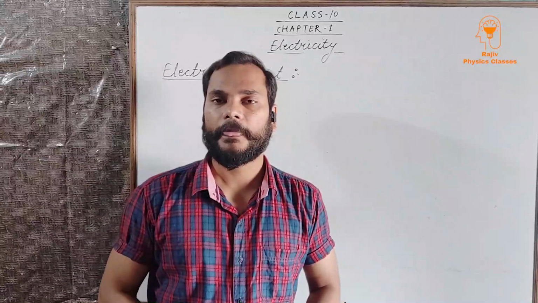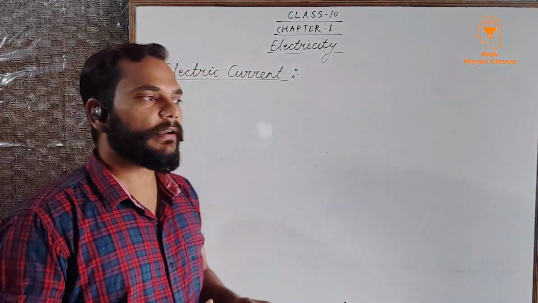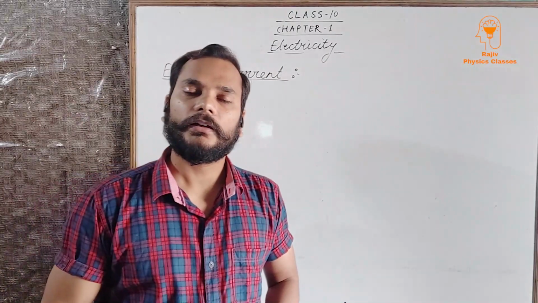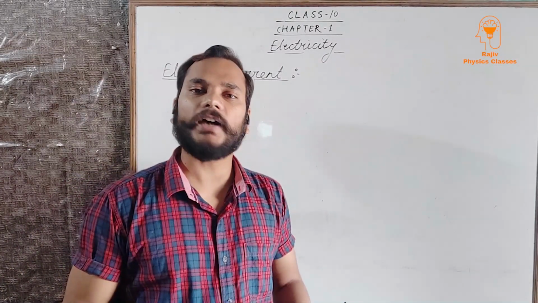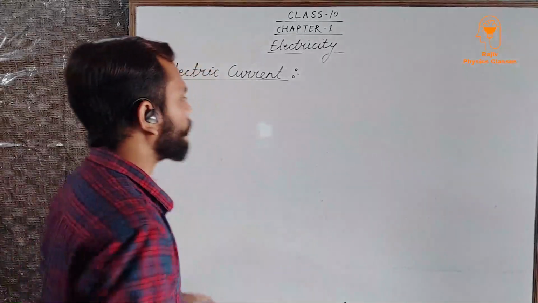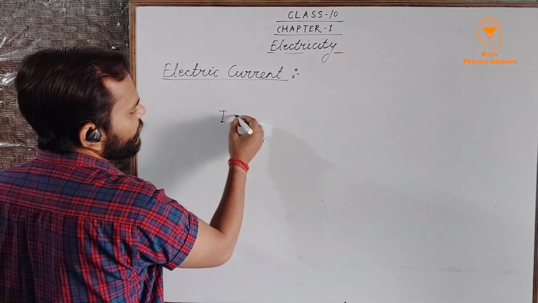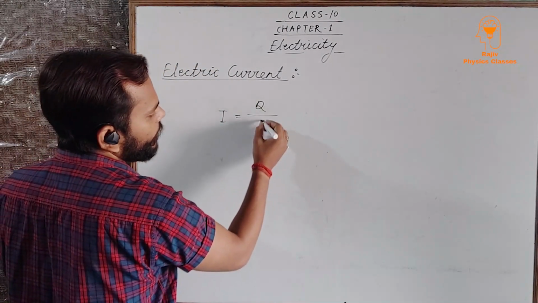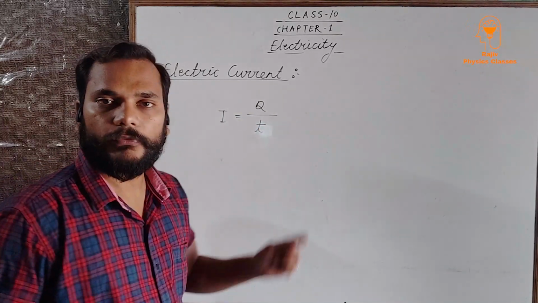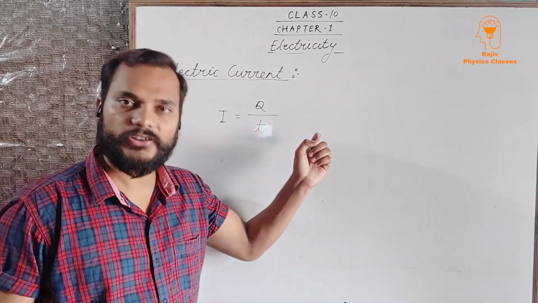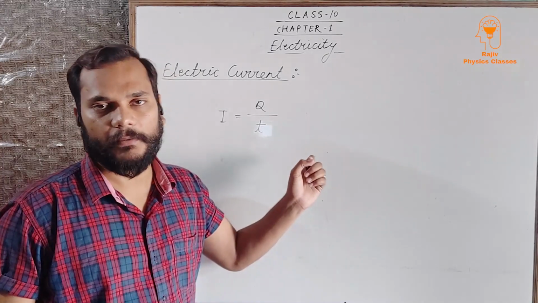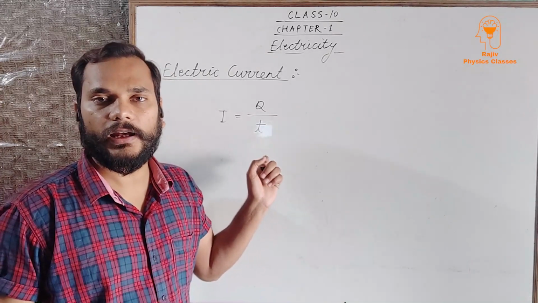Electric current. Electric current is defined as the rate of flow of charge with time. That means I is equal to Q upon T, where Q is electric charge and T is time. I is used for electric current.